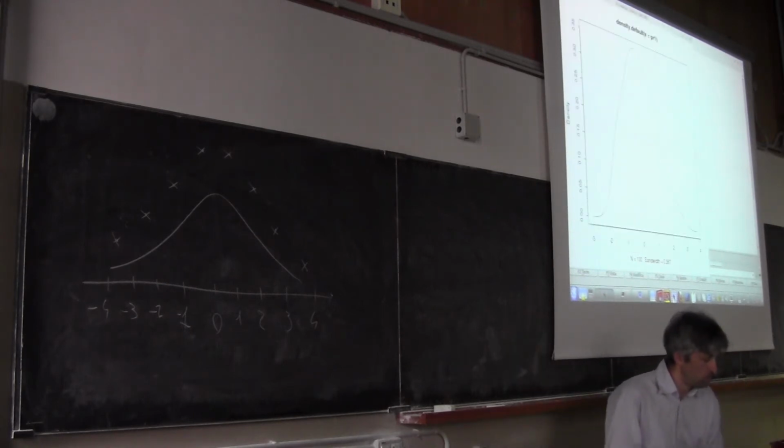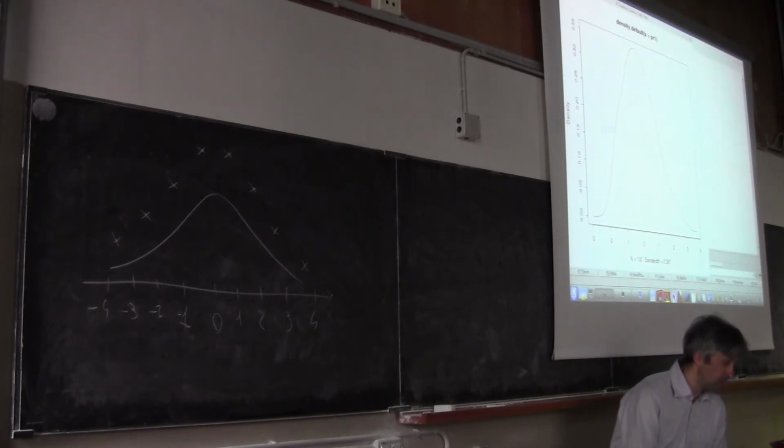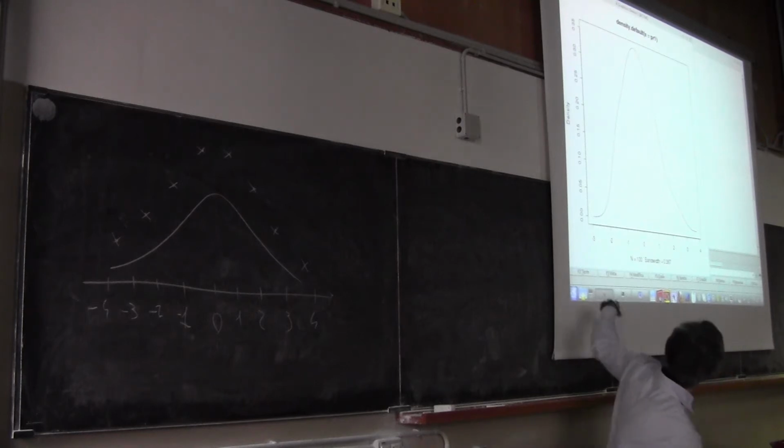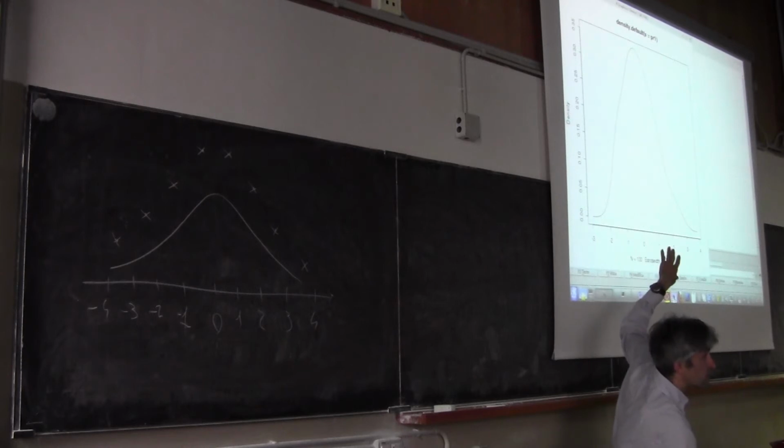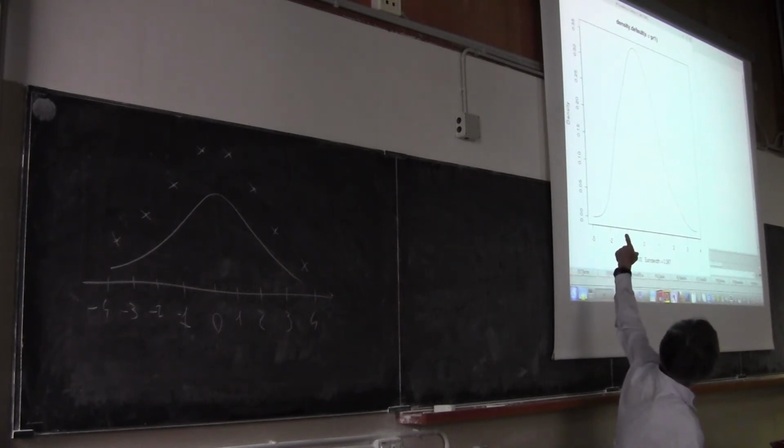And looking at this density, you see again that it's pretty symmetric. And if you look also at the area below the curve, you understand that it's close to 1. We will compute the area later on. But you see that the maximum ordinate is 0.35.